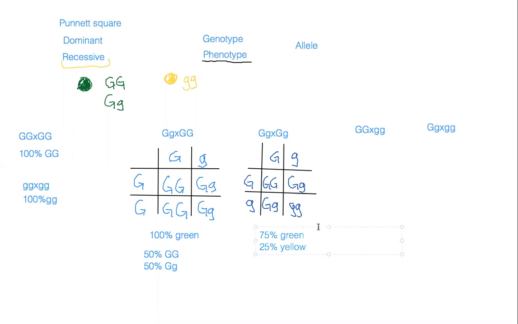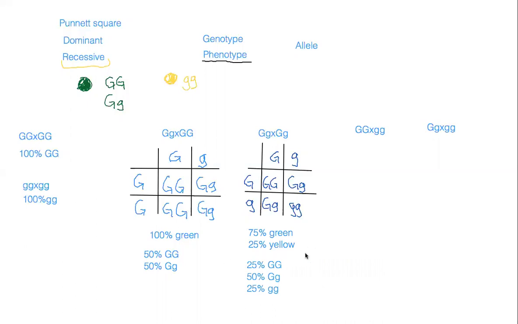That's very interesting, and that's what can happen in real life. The other thing that we can tell from here is 25% of them will be homozygous for the dominant trait. 50% of them will be heterozygous. That's also interesting. And 25% of them will be homozygous for the recessive trait.